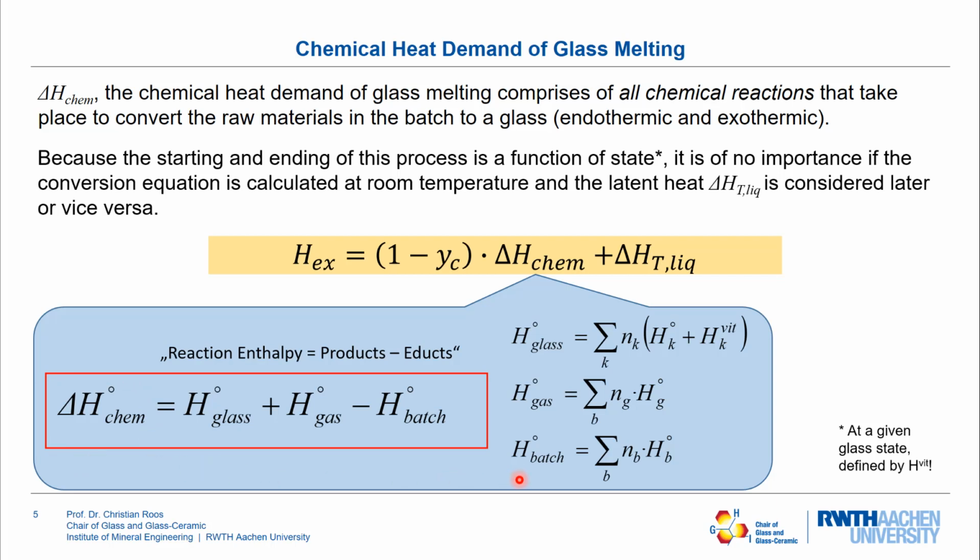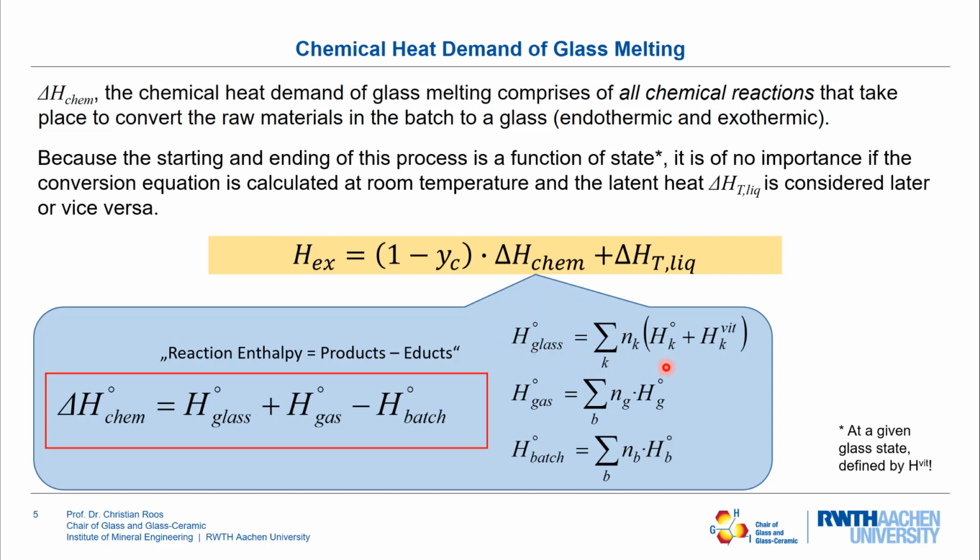Let's first look at the enthalpy of formation of the raw materials. This part can be simply calculated by adding up the enthalpy of the respective component times their respective amount or mole fraction in the batch composition. The same applies for the gases. We have the enthalpy of formation for the respective gas component times the mole fraction or mass fraction of the respective component. Now, the same applies also for the formation enthalpy of the glass.